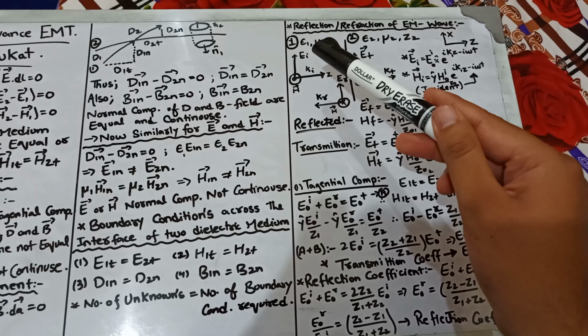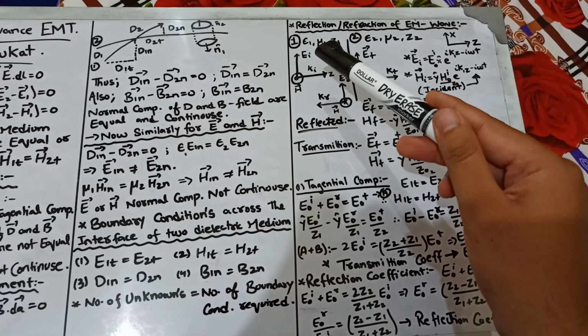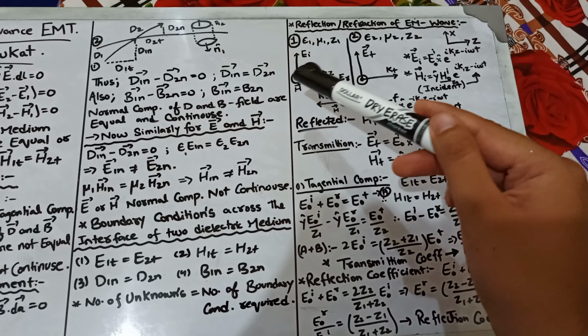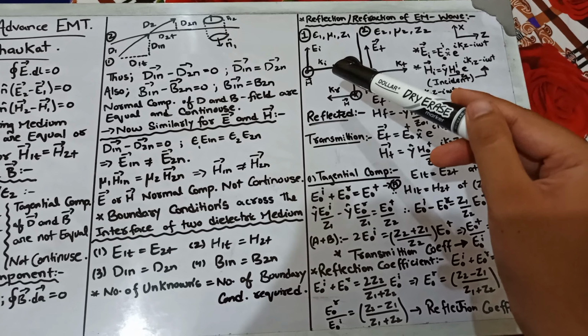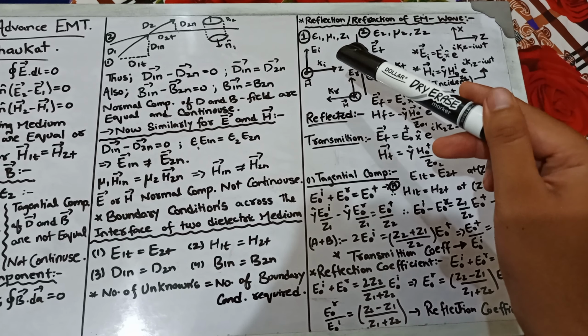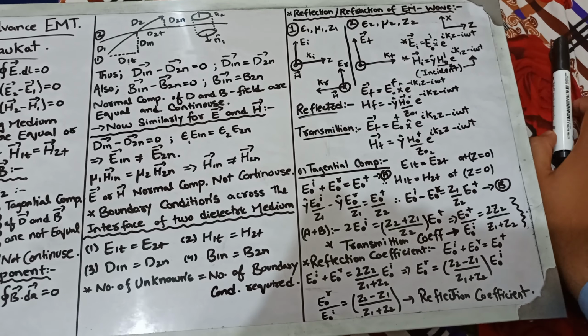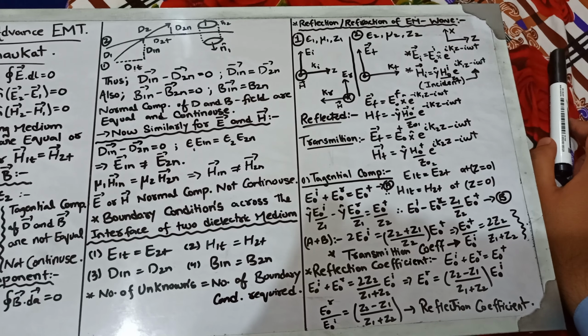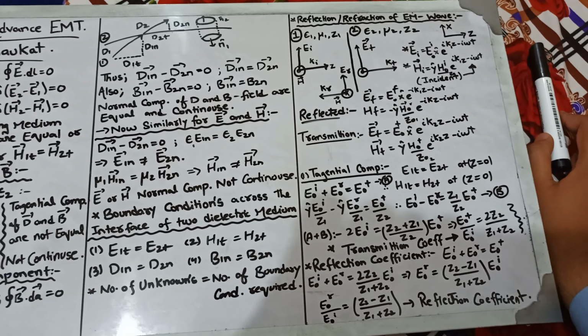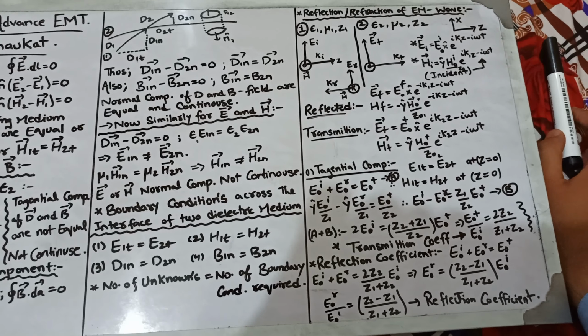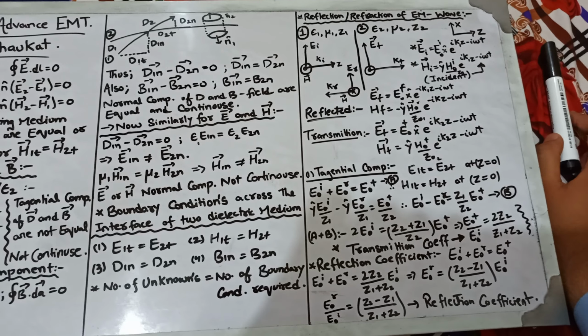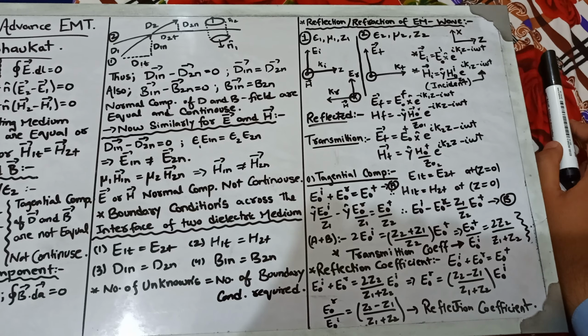So if my electric field is in the x direction and my wave propagation is in the z direction, please tell me where should be the H field, that is, the direction of the magnetic field. Please tell me in the comments.